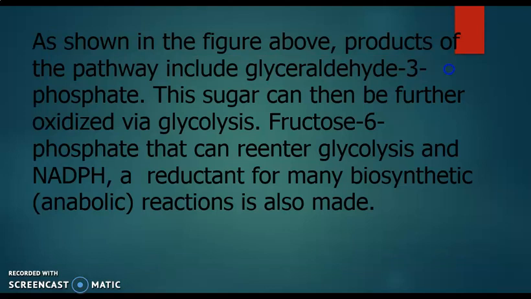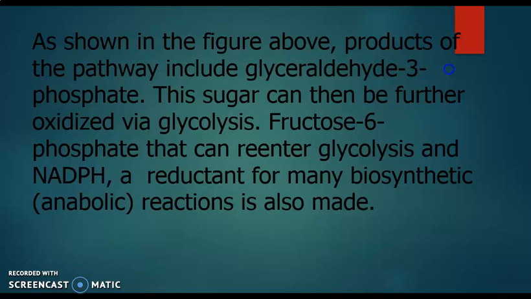As shown in the figure above, the products of the pathway include glyceraldehyde 3-phosphate. So we have seen glyceraldehyde 3-phosphate in the pathway reaction. This sugar can be converted or oxidized through glycolysis. So this glyceraldehyde phosphate sometimes directly enters the glycolysis for further oxidation, or it can be converted to fructose 6-phosphate, which can re-enter the glycolysis.